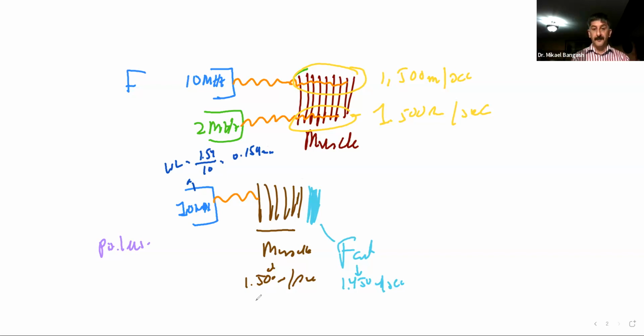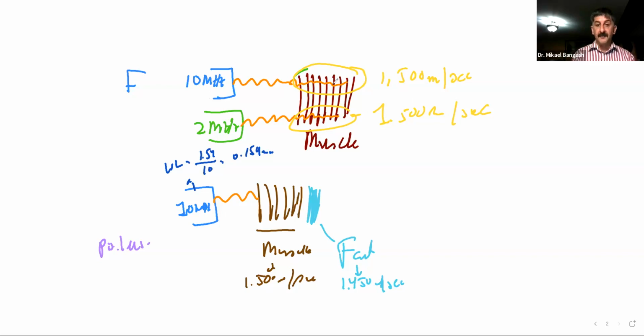So two different transducers with two different frequencies, if they scan the same tissue, the sound wave is going to travel through that tissue at the same speed, whether produced by a 10 megahertz transducer or a 2 megahertz transducer. The speed of the sound in that specific tissue is going to be the same.